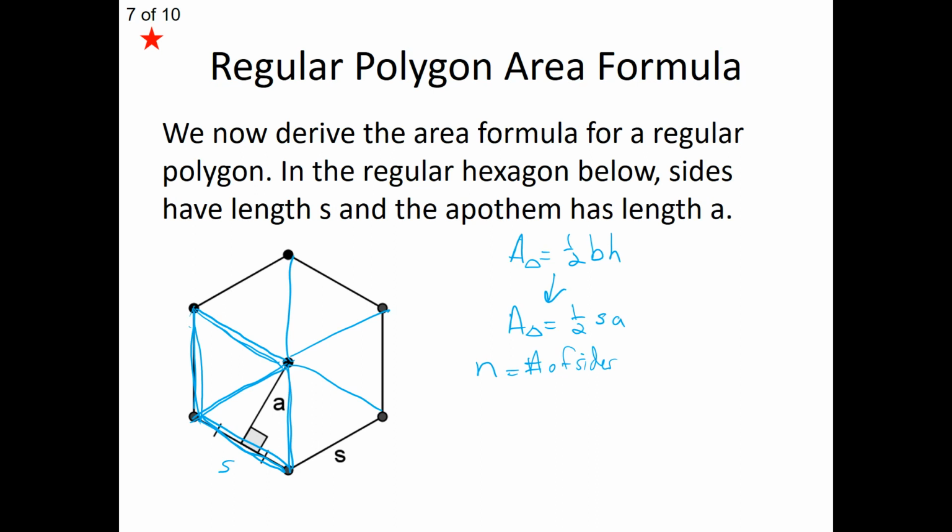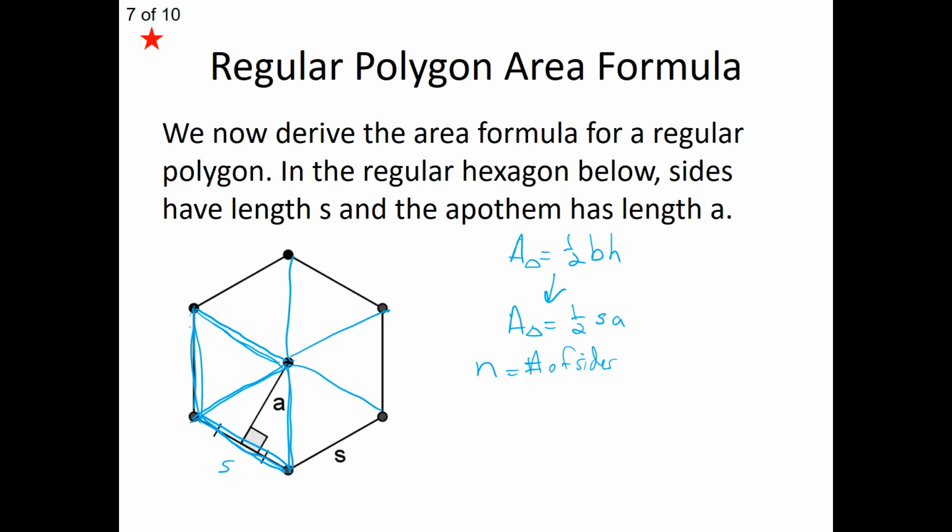Now, why is that important? Because let's look for a pattern. There are 6 sides to a hexagon. Well, look how many triangles we were able to cut out of our regular hexagon with circumradii. We cut 6 triangles out of it. If I were to draw a pentagon, which has 5 sides, guess how many triangles we can cut out with those circumradii? 5 triangles.